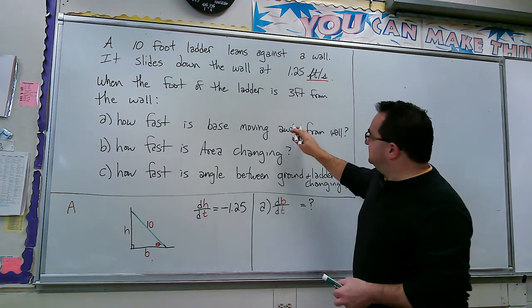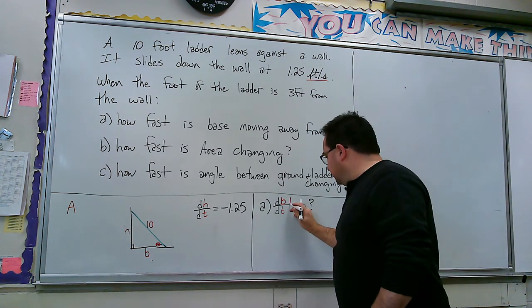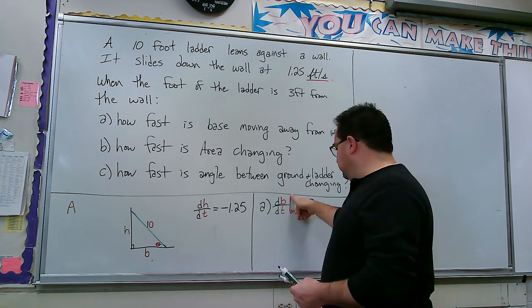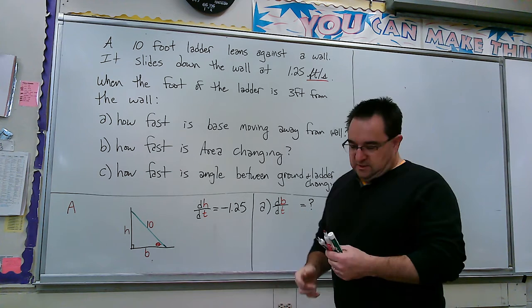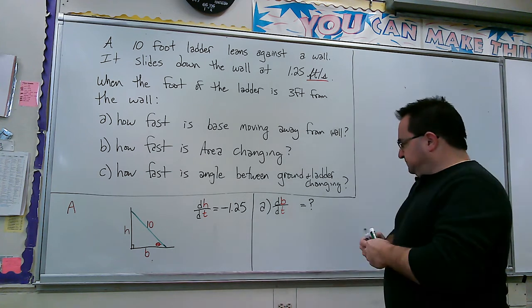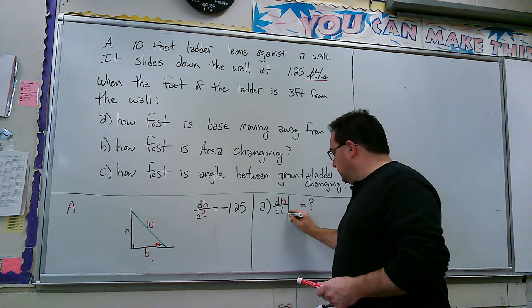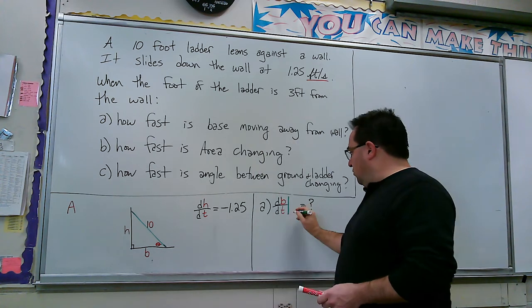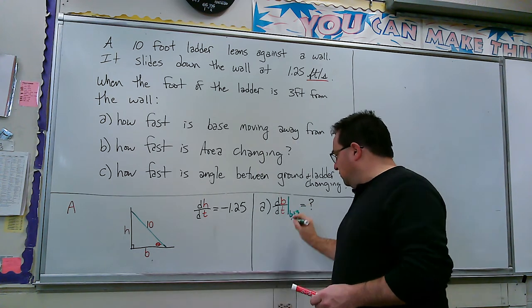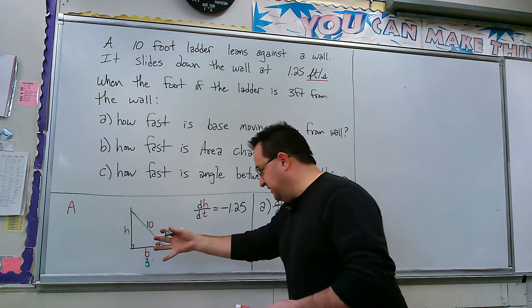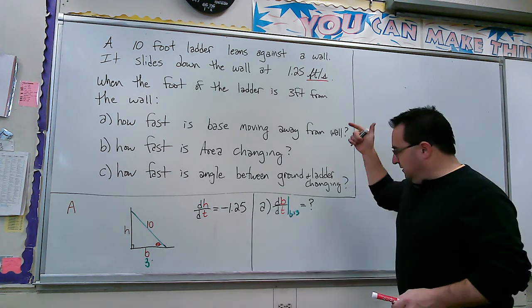And it says specifically when the ladder is 3 feet from the wall. That would be when this base, I'm going to use a different color here. See, the idea is these rates are not constant. So I want to know when the ladder is 3 feet from the wall. When this is 3, it's not always 3, it's changing, but when it's 3, what would that rate be?